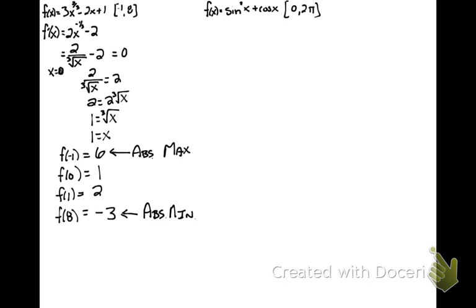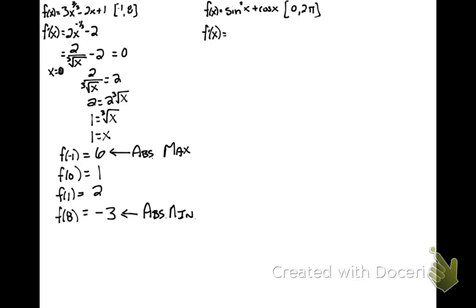For our last example, our function is sine squared x plus cosine x on the interval 0 to 2 pi. We have our endpoints. We need to consider when the derivative is equal to 0 and when the derivative is undefined.